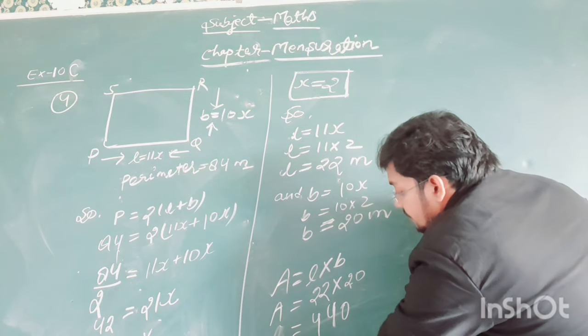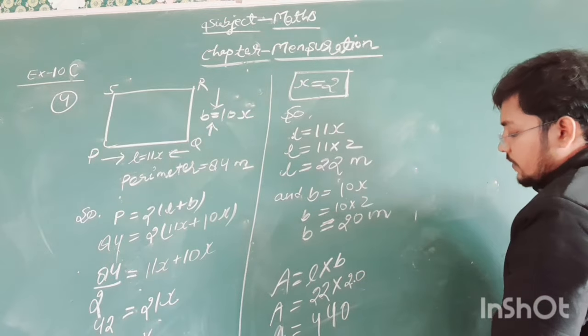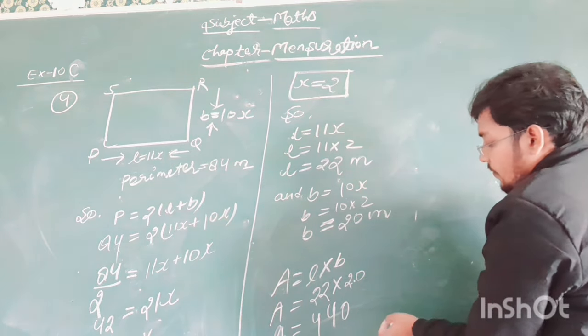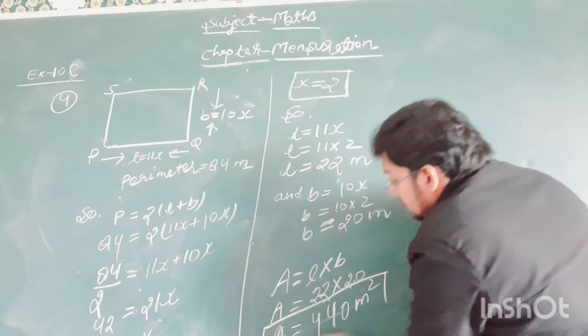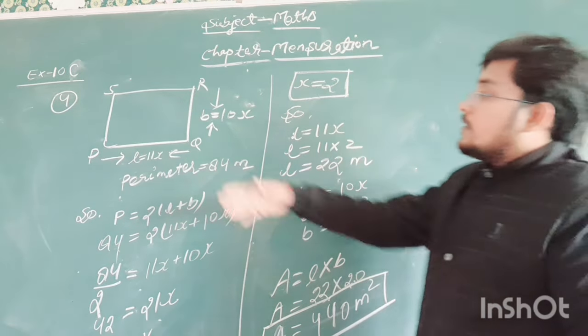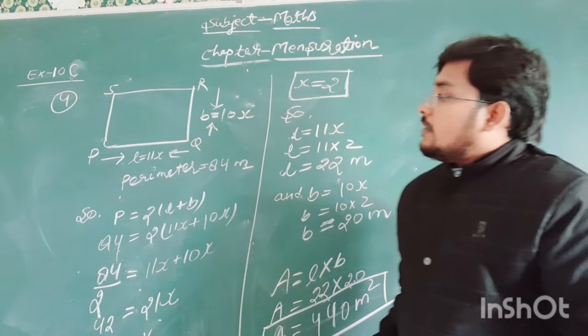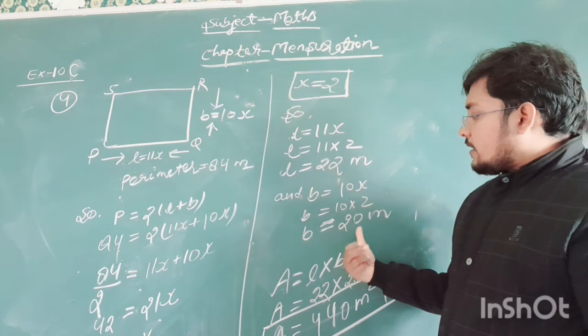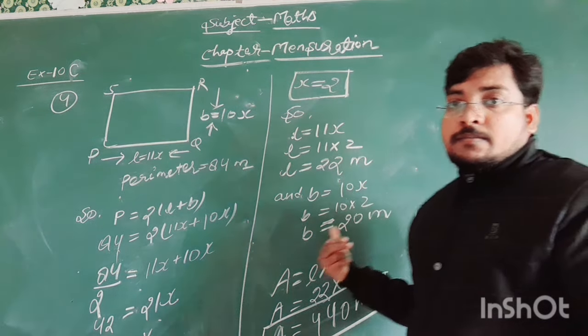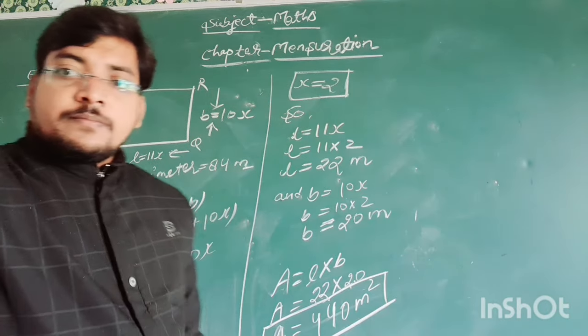Product of 22 and 20 is equal to 440 meter square, which is the area of the rectangle whose length is 22 meter and breadth is 20 meter.